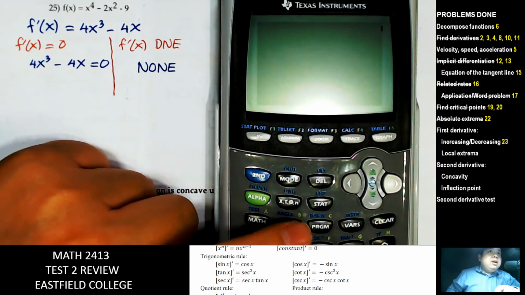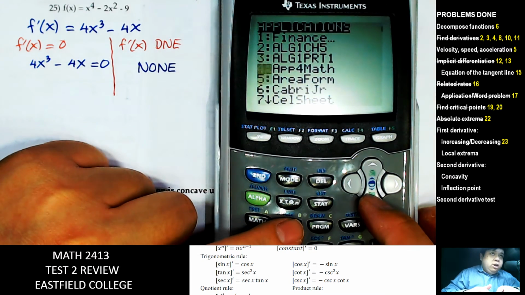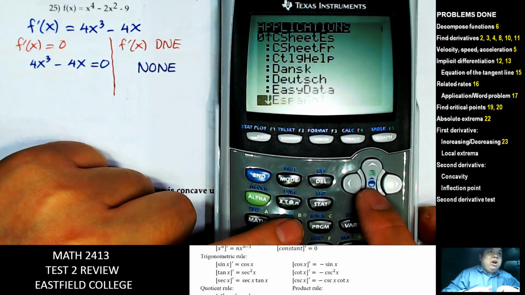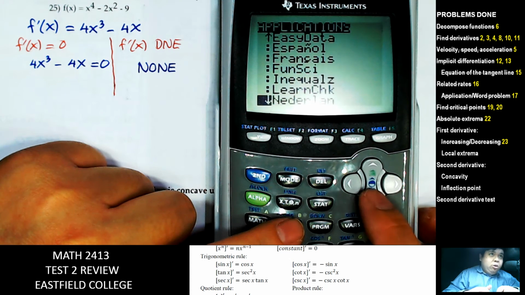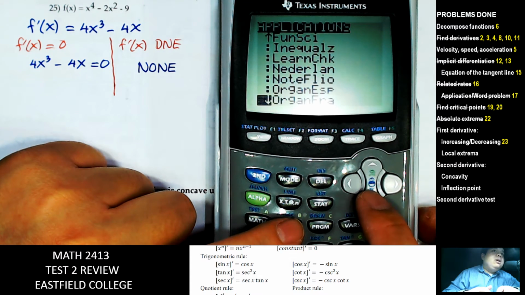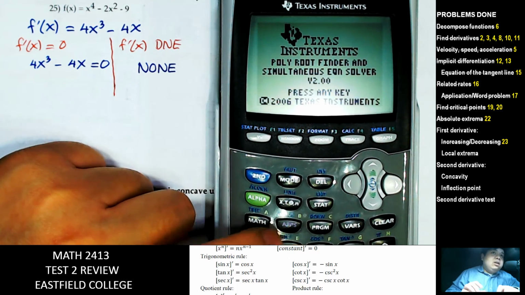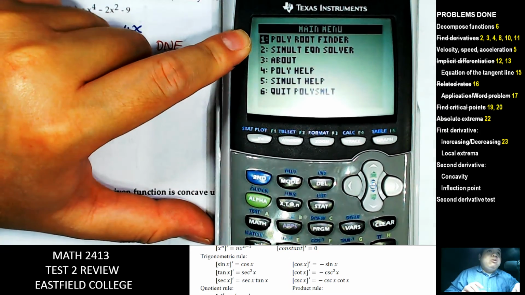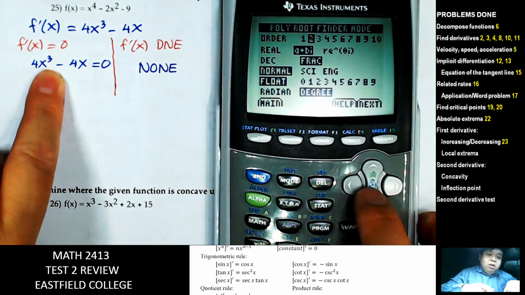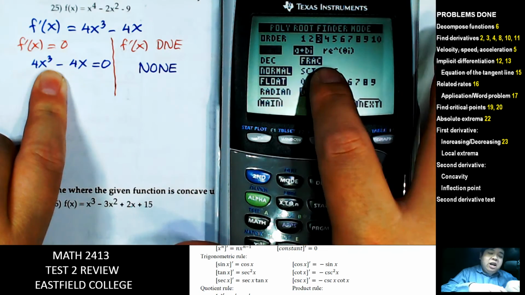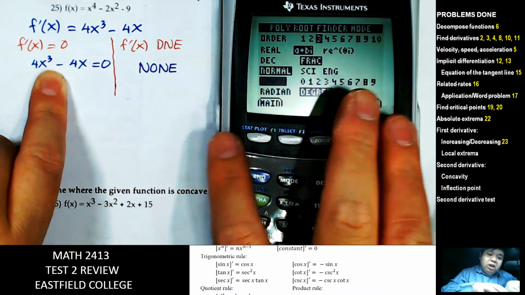If we hit application and go to this, I have to use this calculator instead of the one on the computer, because the one on the computer doesn't have that application. So polynomial and simultaneous equations, and a polynomial root finder. This is the third order. Just leave the answer in fraction, and so yes, everything is good.